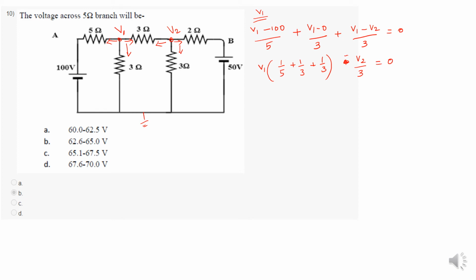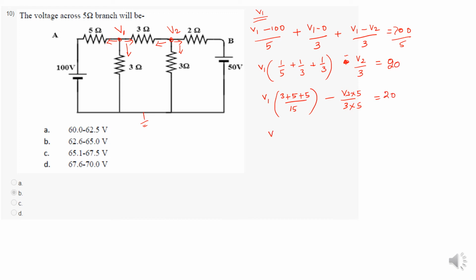So take the LCM here. V1 of (1/3 + 1/5 + 1/5), minus V2 by 3... you have to convert this into 15, and 100 by 5 is 20.